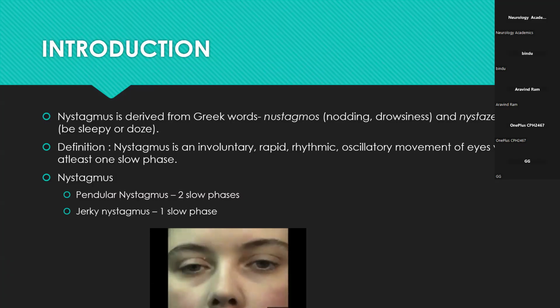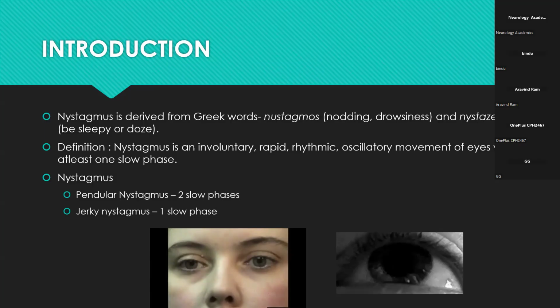In this example, even though it is difficult, it is a pendular nystagmus with slow phases on both sides. However, as opposed to that, in the second example, there is a jerky component to it and only one slow phase. So that is a jerky nystagmus.